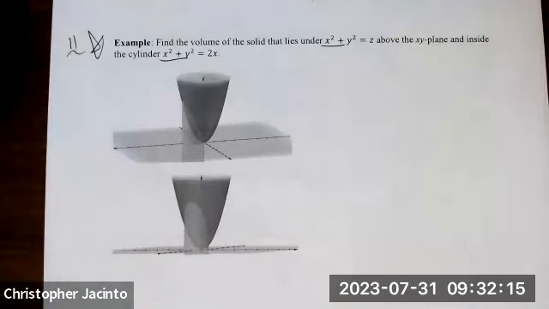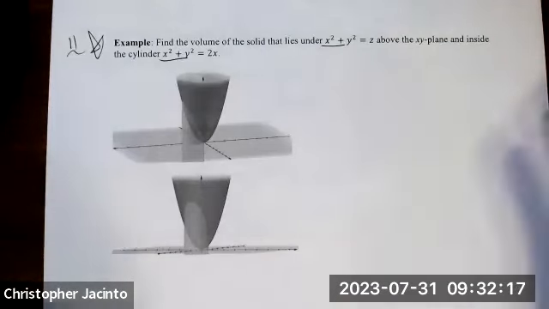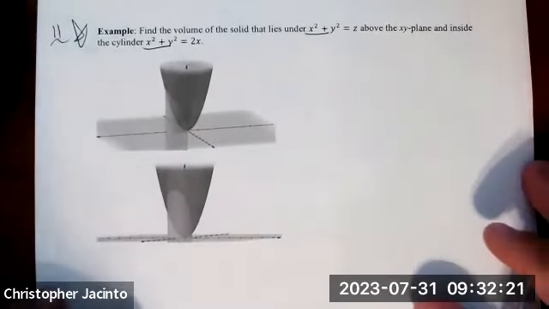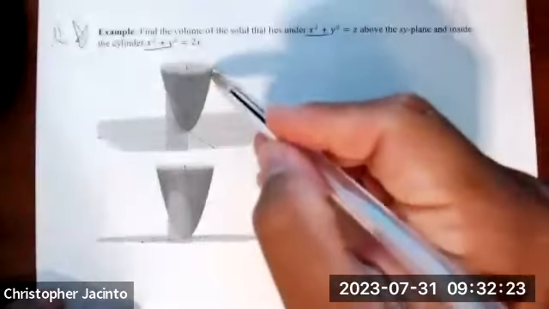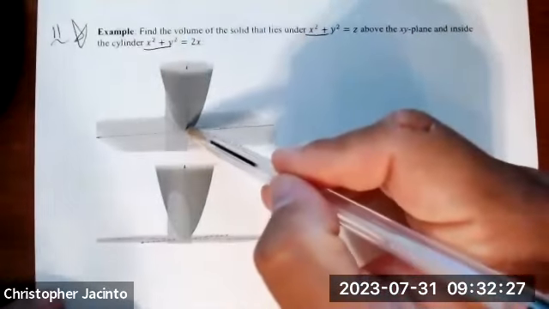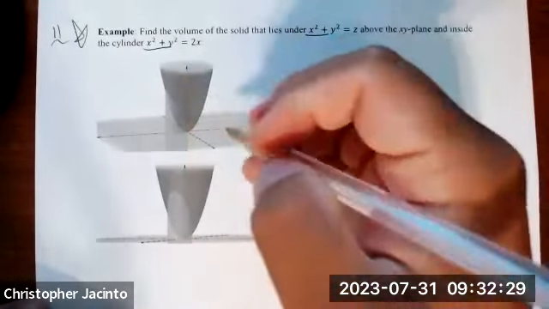Okay. Now, this one I definitely had to figure out what was going on. And this is what it looks like for both of them. So we have this one right here, and this one is this little cylinder part here. Okay.